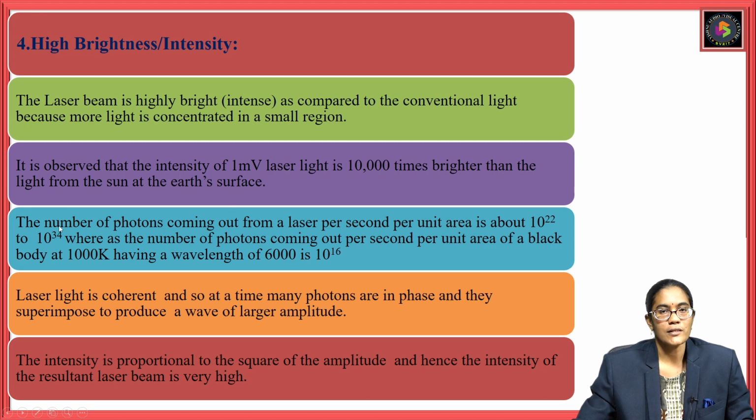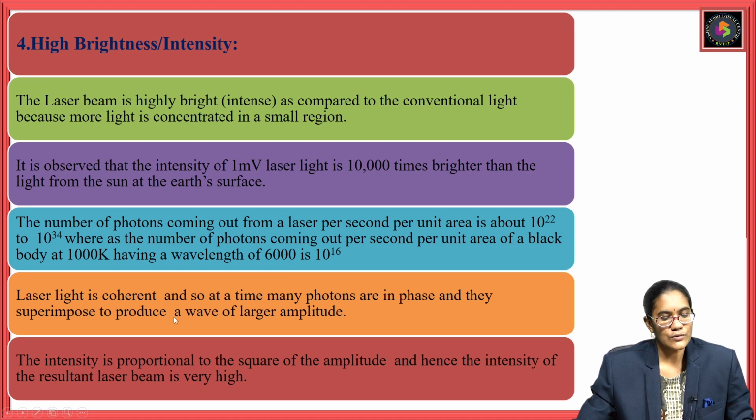The number of photons coming out from a laser per second per unit area is about 10 power 20 to 10 power 34. But in the case of normal black body radiation at 1000 degrees Kelvin, it is 10 power 16. So the laser source gives more than the normal source.